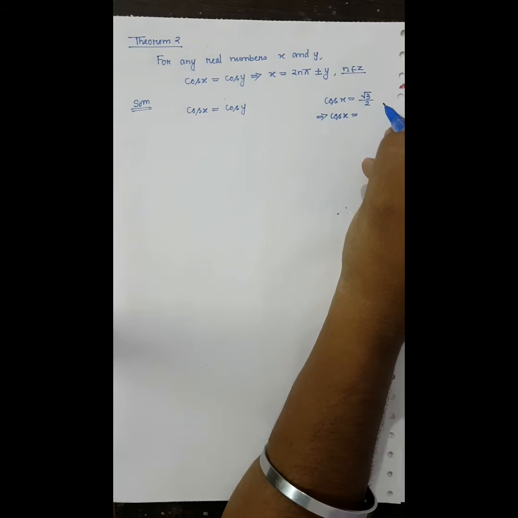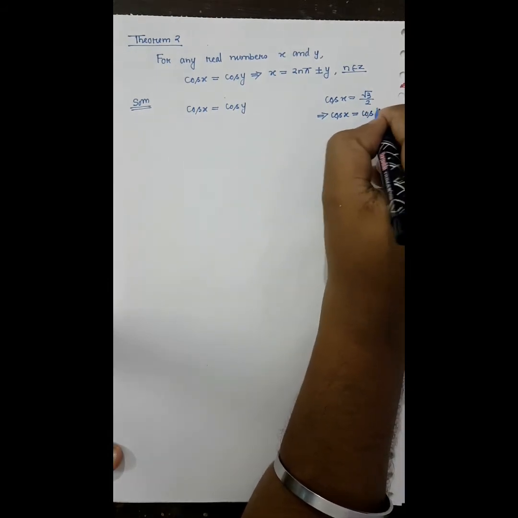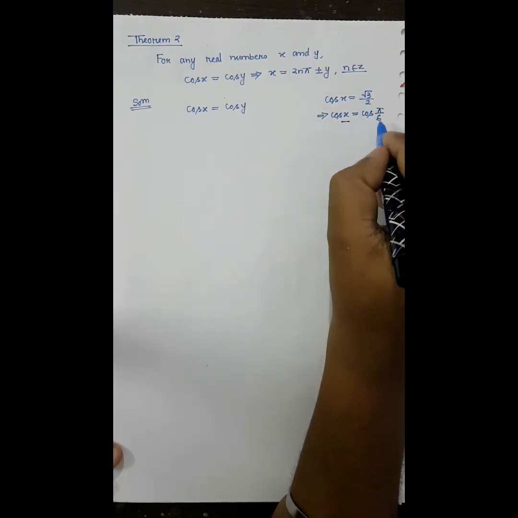So the smallest possible angle will be cos pi by 6. Cos 30 is equal to root 3 by 2. So this is your x, this is your y.